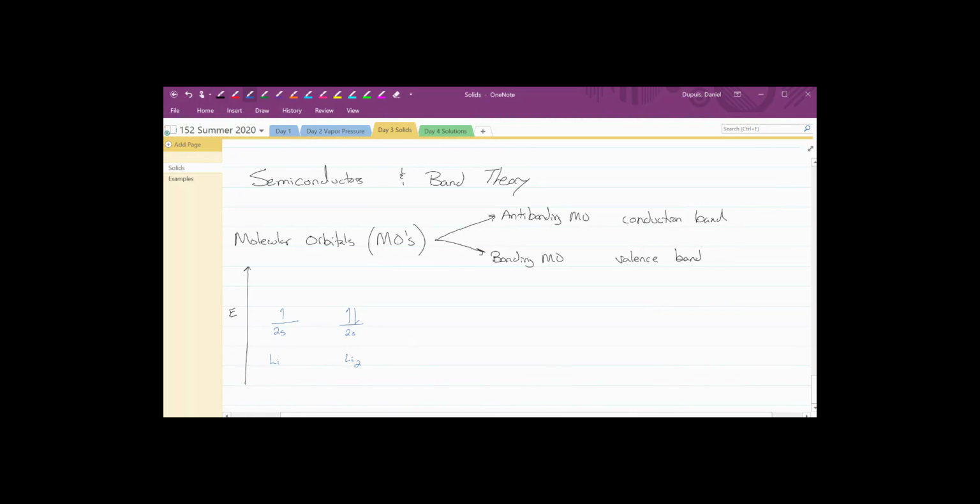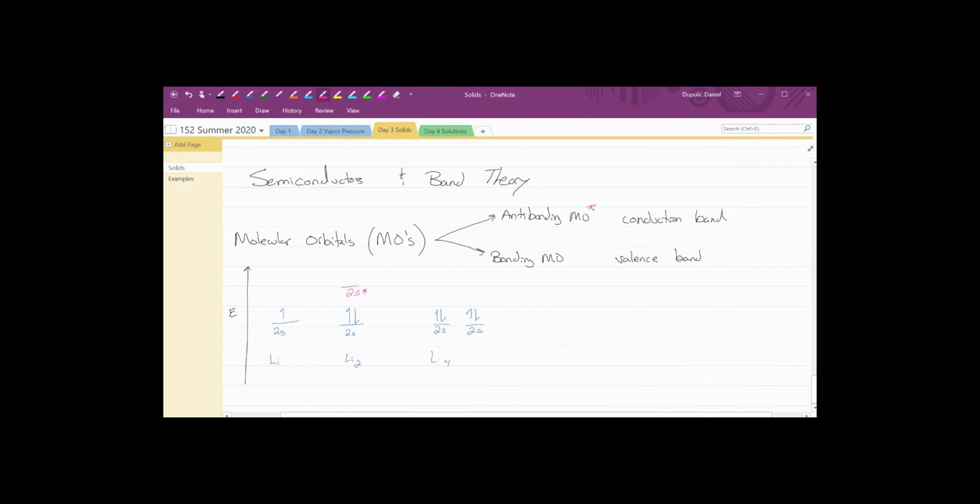And as I get Li4 in there, I get 2s, 2s, with up, down, up, down. There's also the 2s star, which is the anti-bonding.